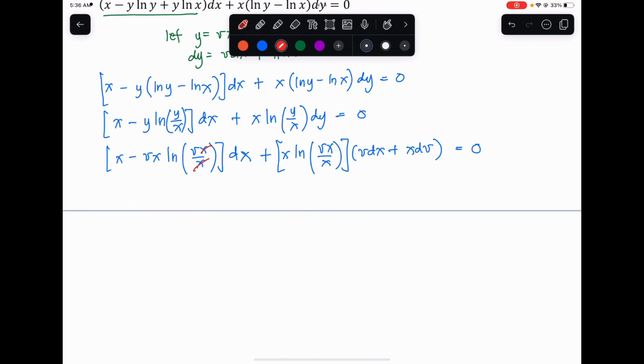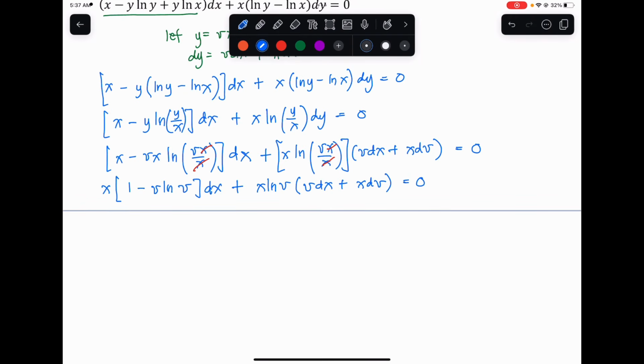So x and x would be cancelled out there. And then we can factor out x here, which makes it (1 minus v ln v) dx plus x ln v multiplied with (v dx plus x dv) equals 0.